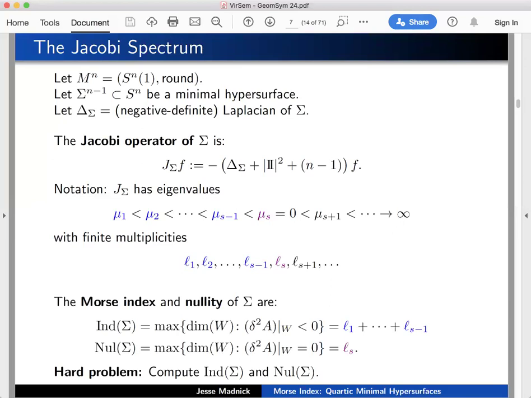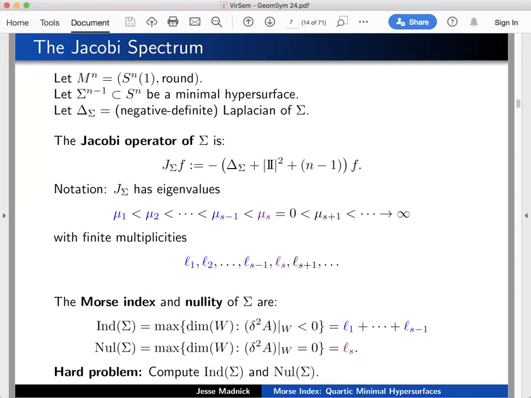So these numbers are geometric invariants of your minimal hypersurface. And from these numbers, the eigenvalues and their multiplicities, you can construct some very well-known and well-studied invariants, such as, for example, the Morse index and the nullity.